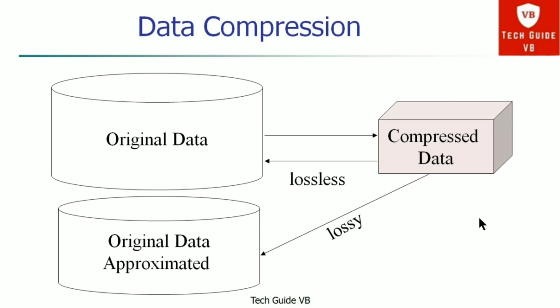In general, this is the overview of data compression, where there is original data and compressed data. One is lossless compression and the other is lossy compression. Suppose there is 1 GB of string data and we have compressed that data into 400 MB.